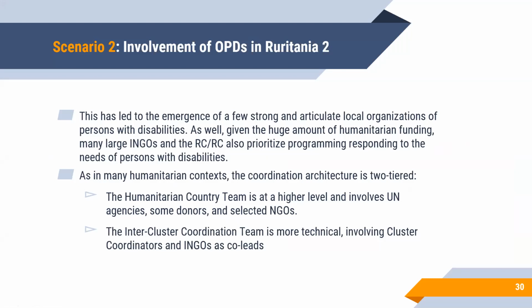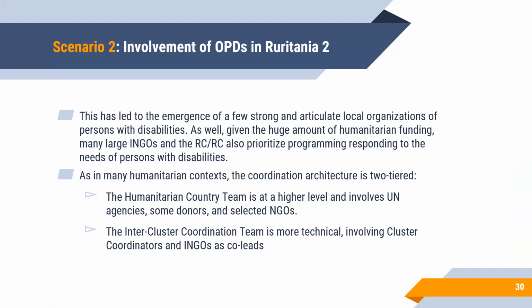Now, given these facts, there is an emergence of a few strong but well-articulated local organizations of persons with disabilities, and there is a strong interest and a good amount of humanitarian funding and an interest in prioritizing programming responding to the needs of persons with disabilities.